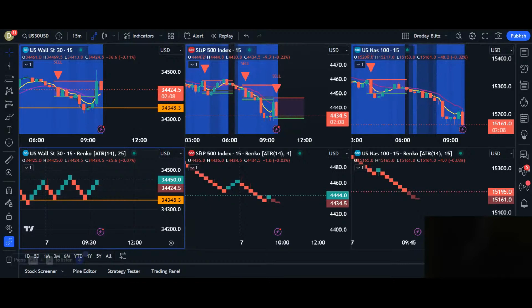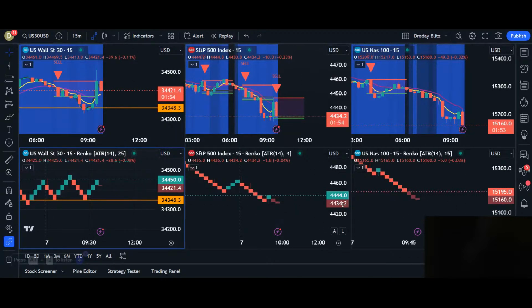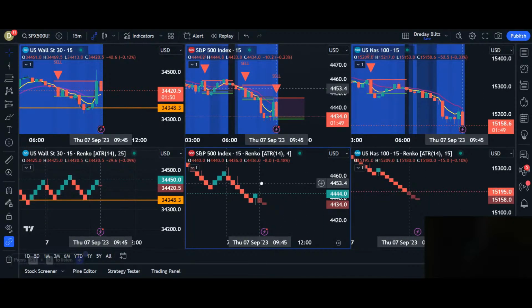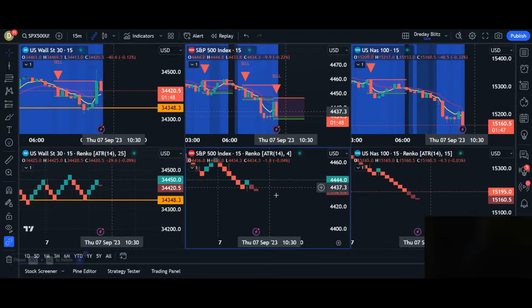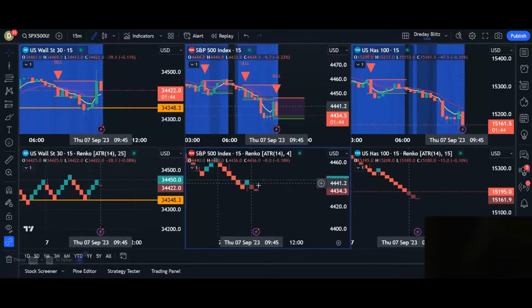All right, so for S&P 500, we'll see the next candle to see if we still have a continuation. But if you look at the Renko bars right now, I'm just going to put it right here. It's showing us a start of a reversal.